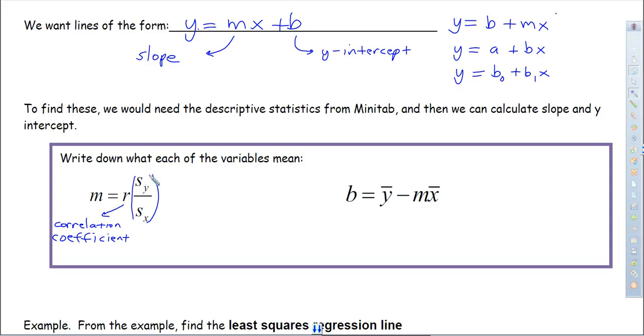And what do you think s sub y would mean? This is back from earlier: this is the standard deviation of our y values, the standard deviation of the y's. And this would be the standard deviation of the x's.